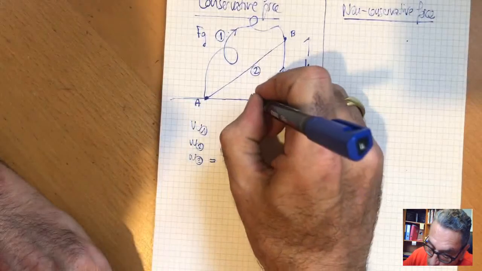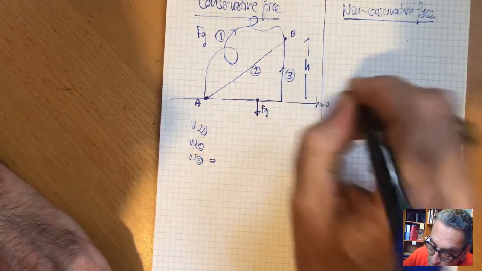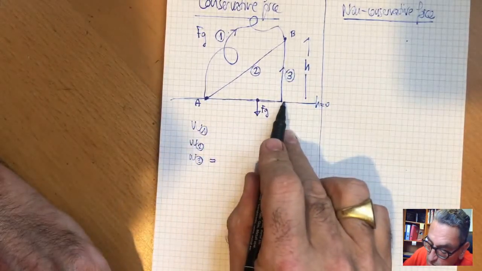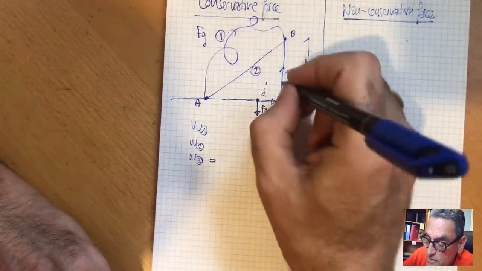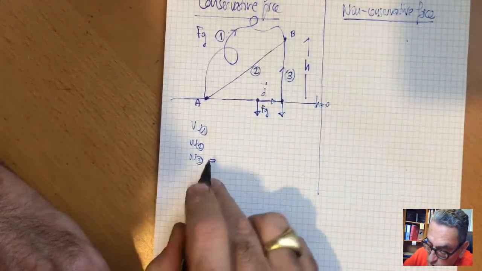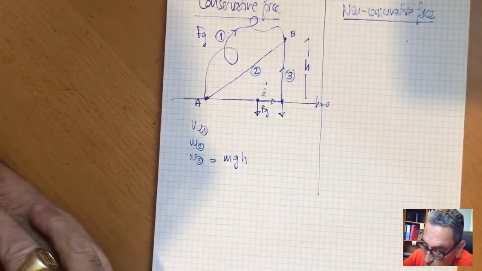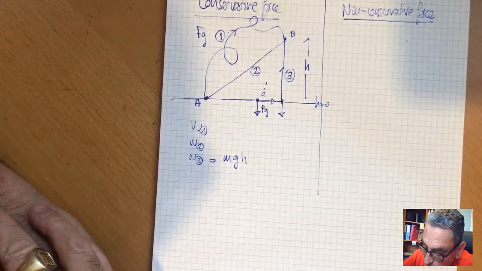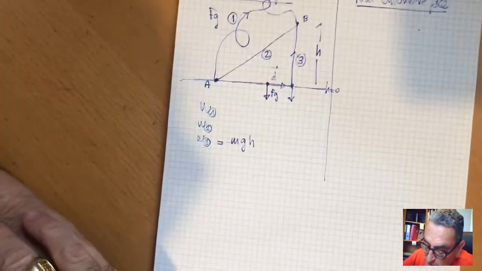If I want to compute the work of the gravitational force, it's going to be 0 here, because displacement is perpendicular to the force, and it's going to be non-zero only here. So the work here is going to be mgh, or minus mgh if you want.